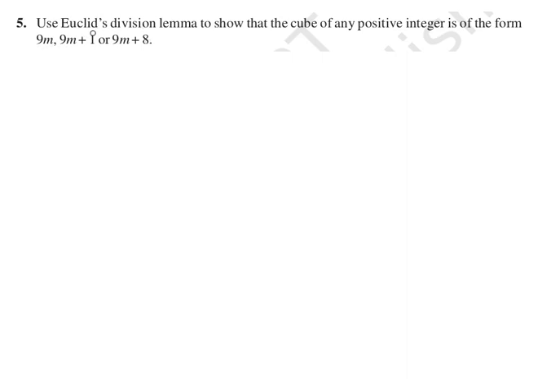We have to use Euclid's division lemma and show that the cube of any positive integer is of the form 9m, 9m plus 1 or 9m plus 8.